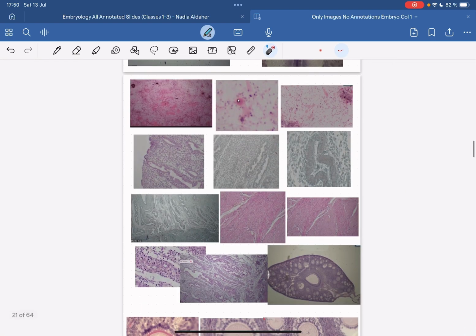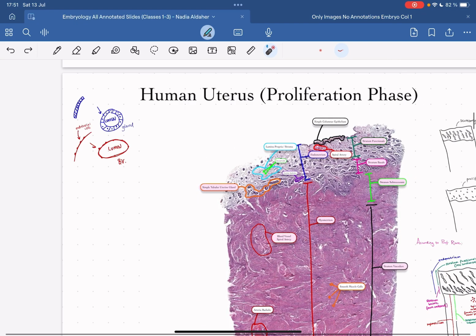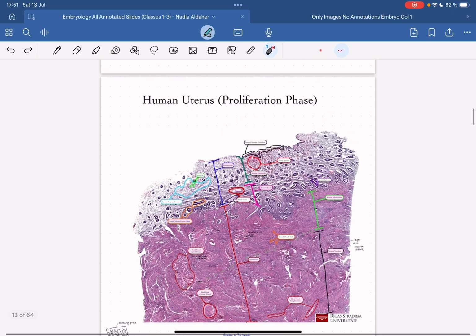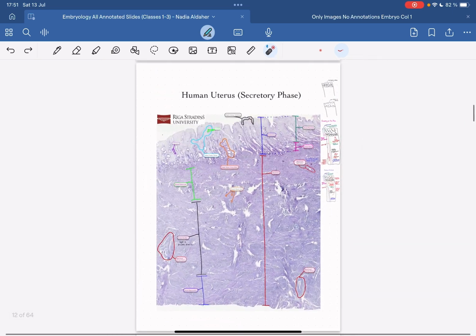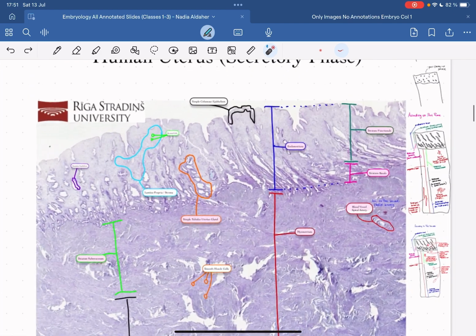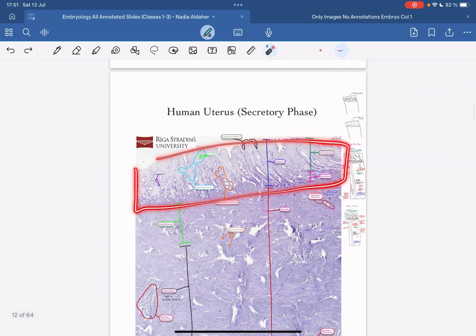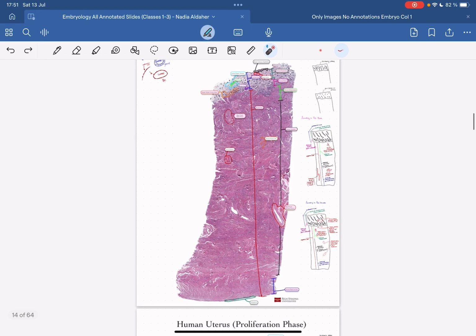Okay, now how do we identify if we're looking at a human uterus on the microscope? For example, here we have the entire human uterus image zoomed out for us artificially. So now we can see the endometrium, and sometimes we can even see most of the myometrium, which you can see here is how big it is.